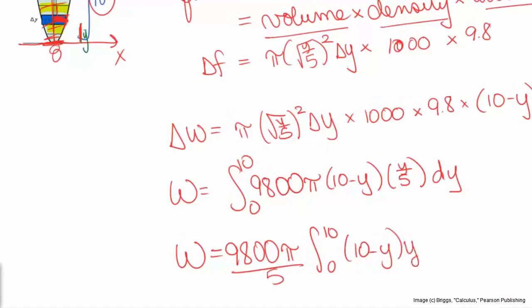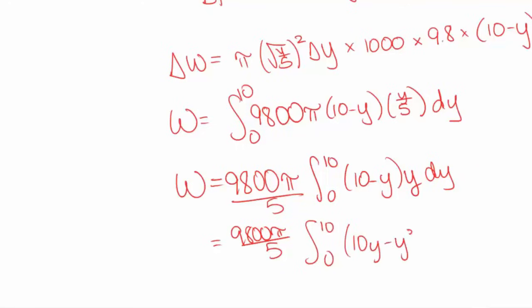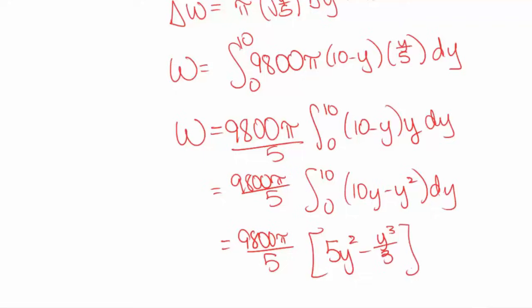And there you are. So to solve it, you have 9800 pi over 5 times the integral from 0 to 10 of 10y minus y squared dy, which is, using the power rule here, 5y squared minus y cubed over 3 from 0 to 10.